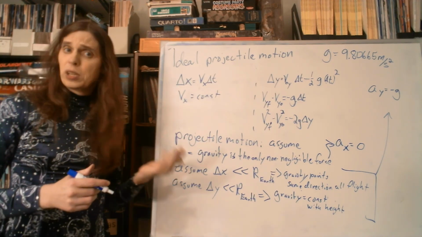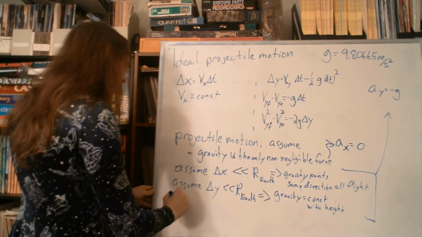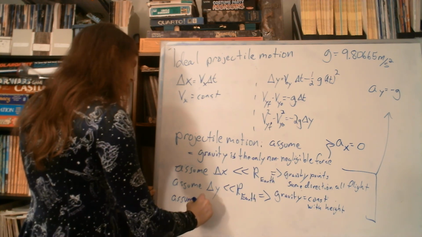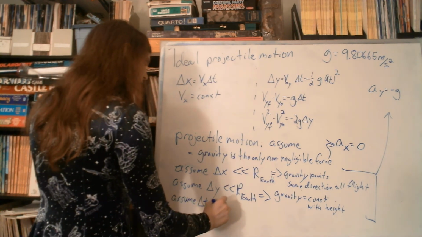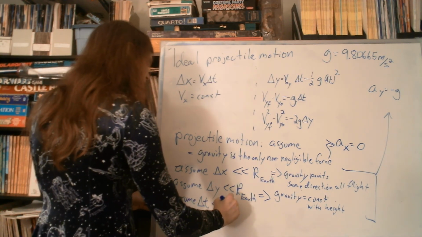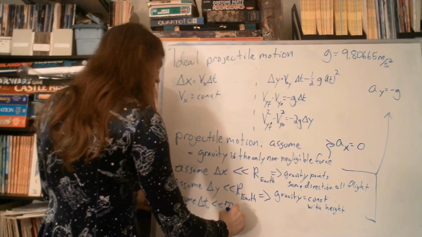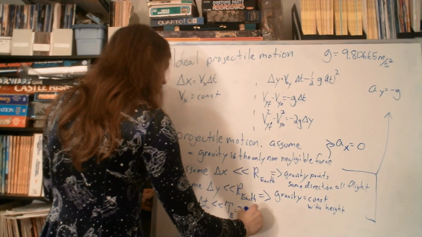There's another assumption we can throw in here if we like, or that we can make note of. We can assume that the time of flight is very small compared to Earth's rotation, 24 hours.